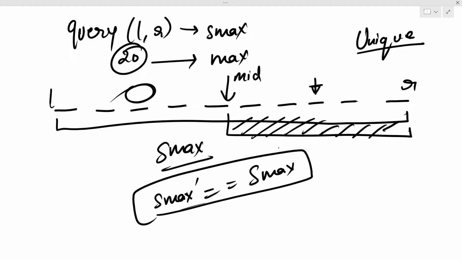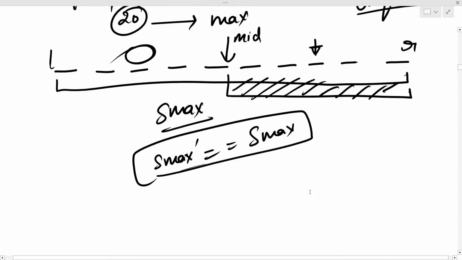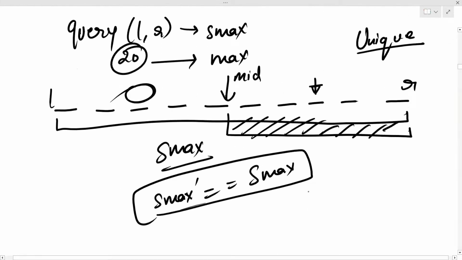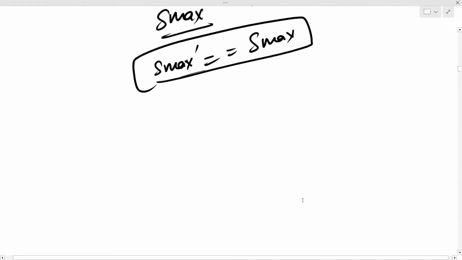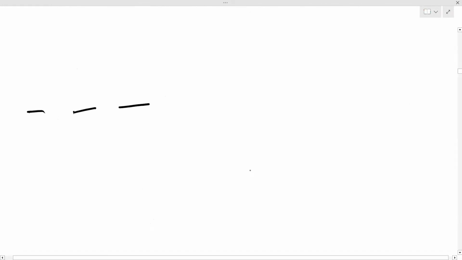Is it clear to everyone? Okay. After this, there is nothing. We'll keep dividing a range into two. Every time I find my mid and check in which part, left or right, my maximum is lying, and I change my L or R accordingly.